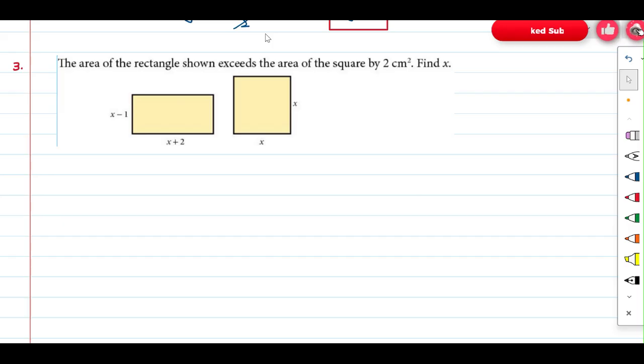All right, so another word problem is: the area of the rectangle shown exceeds the area of a square by 2 centimeter square. Find x.